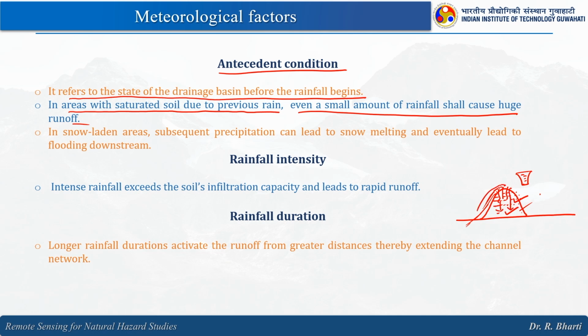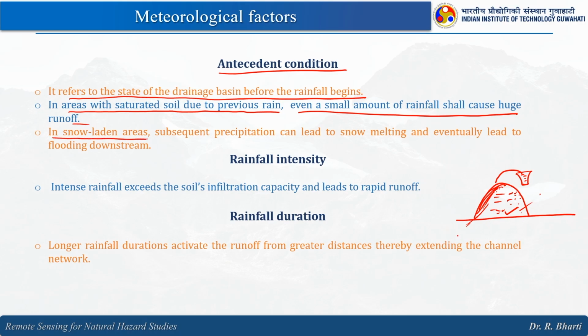Then this overflow or the surface runoff will be less. But if this particular soil is already saturated and you are pouring 1 glass of water, what will happen? The entire 1 glass of water will come to your downstream as your discharge, right.